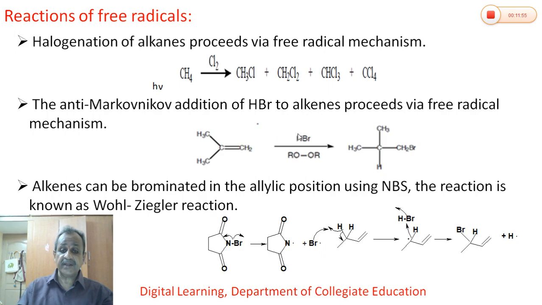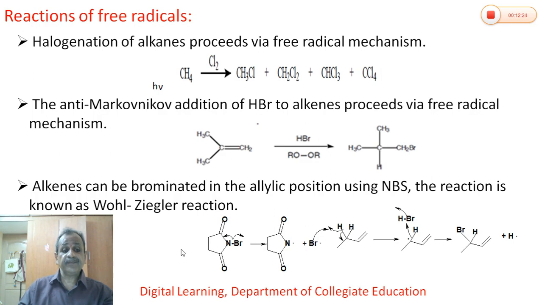That alkoxy free radical reacts with the HBr, takes one hydrogen free radical and converts into alcohol, and bromine free radical is generated. That bromine free radical attacks this carbon and free radical is generated on this carbon. So like this the reaction proceeds. So as per anti-Markovnikov addition, opposite to Markovnikov addition, the reaction takes place. So in this reaction, free radical is the intermediate.